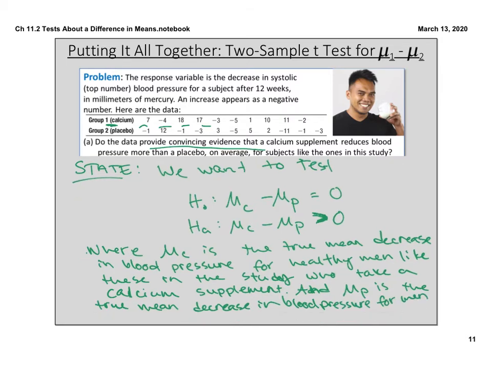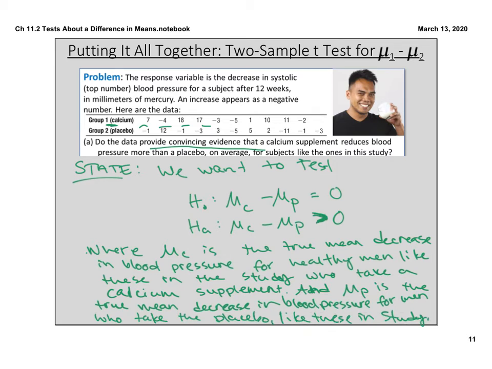Okay, I slid my little part up here so I had another line of space to write on. So where was I? The placebo group, mu P, is the true mean decrease in blood pressure for men who take a placebo like these in the study. Okay, so there's my state part.